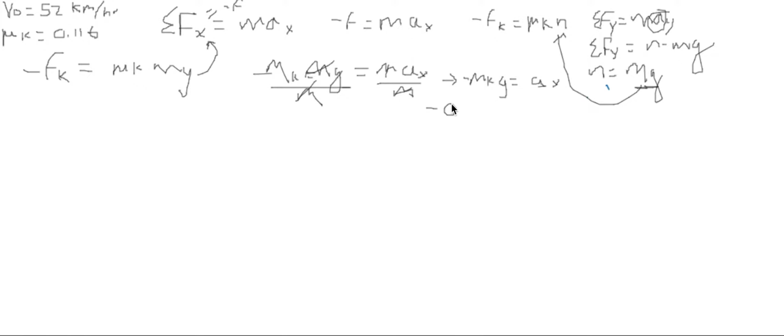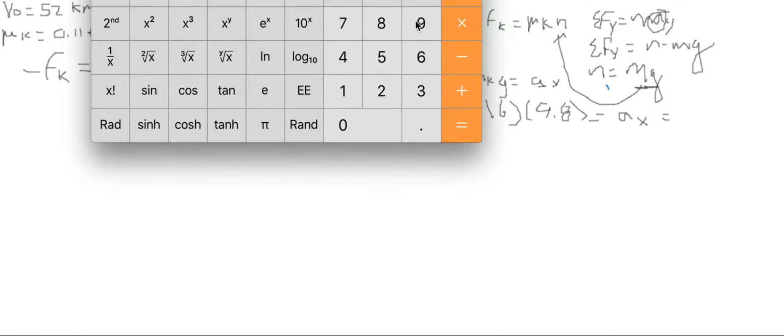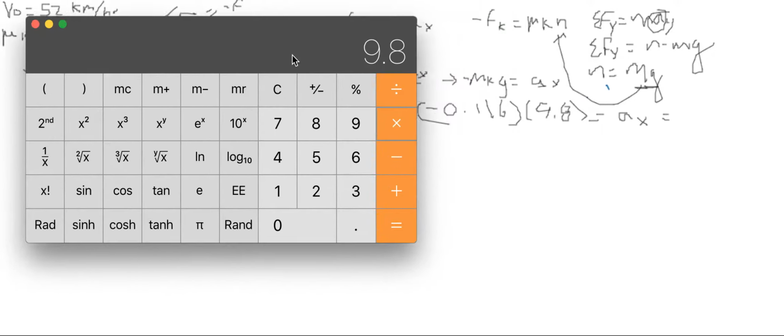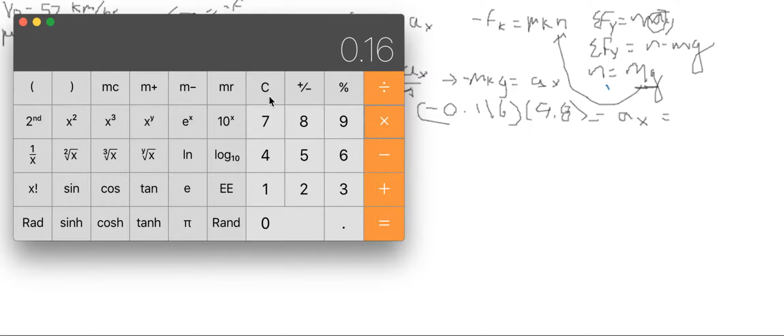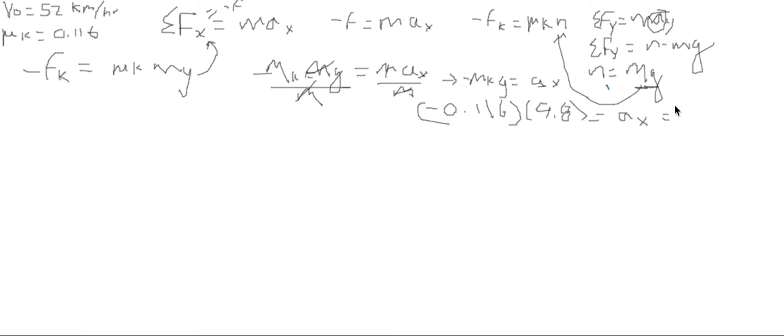So negative 0.116 times 9.8 is equal to the acceleration in x, which in turn equals negative 1.14.